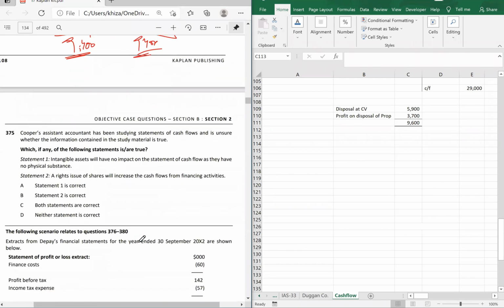Cooper's assistant accountant has been studying statements of cash flows and is unsure whether the information contained in the study material is true. Which, if any, of the following statements is or are true? Statement 1 says that intangible assets will have no impact on the statement of cash flows as they have no physical substance. Is this true? Guys, is this true?